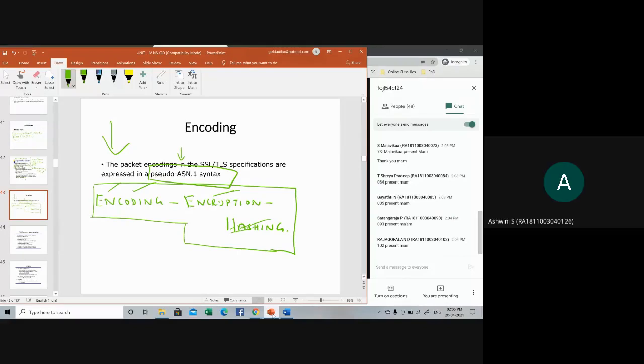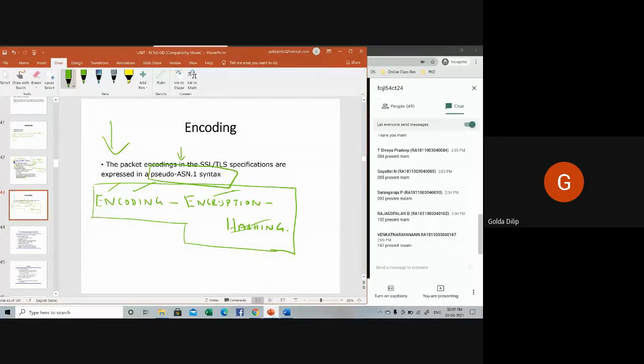Ashwini. Present, ma'am. 142. Arjun is absent. Akash Kumar Singh. Present, ma'am. Venkat. Chat, ma'am. Okay, Akash is present. Venkat is present. Mitra Lakshmi. Present, ma'am. Aparna. Present, ma'am. Akansha Singh. Present, ma'am. Mihika. Present, ma'am. Vignesh.